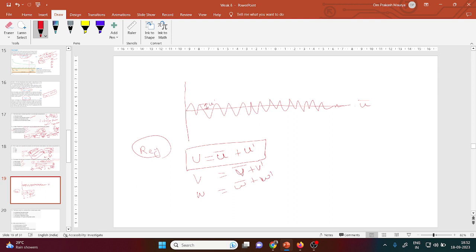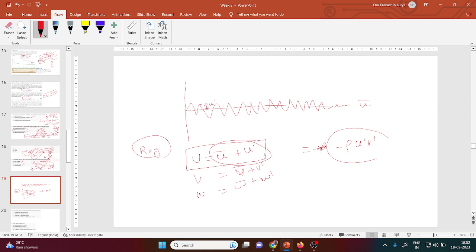So Reynolds, in the Navier-Stokes equation, I think you have already studied the Navier-Stokes equation. When you average it, replacing the velocity with this term, you will get this parameter, minus rho u dash v dash.